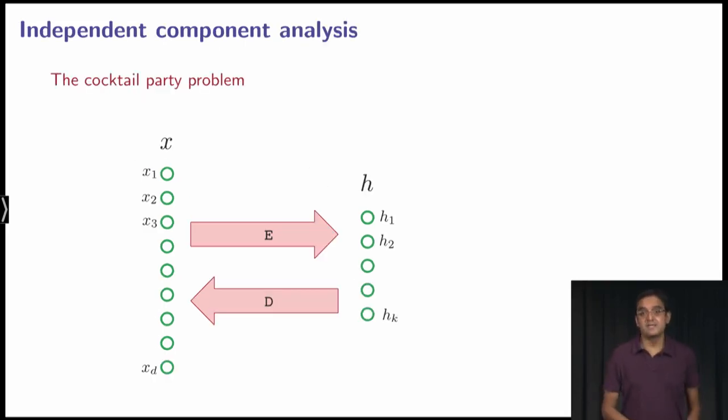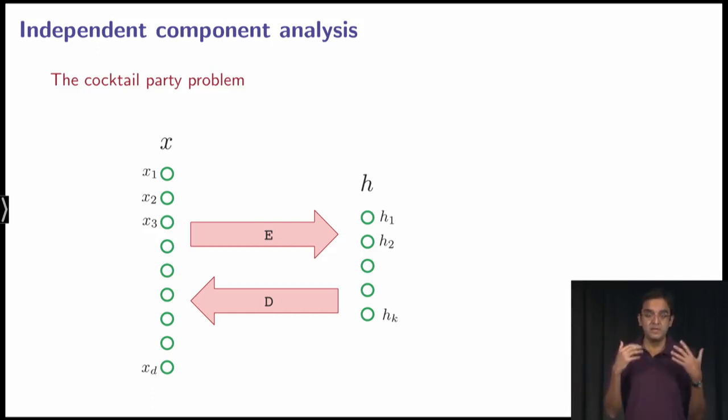Let's do one more example. This is independent component analysis, which is a form of unsupervised learning that has been very popular in signal processing and in neuroscience. It's a way of solving, among other things, the cocktail party problem. When we are at a party and there are lots of people talking and mingling, at any given time, there are a lot of different conversations reaching our ear.